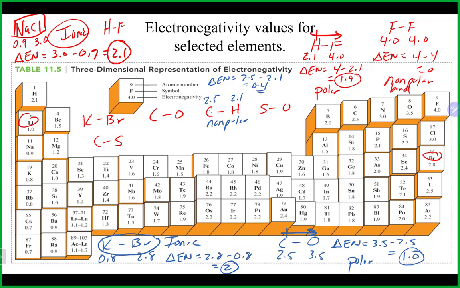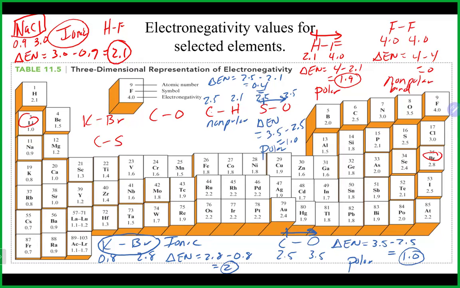If we look at sulfur and oxygen, sulfur there is 2.5. Oxygen is 3.5. So again, our difference in electronegativity is going to be 3.5 minus 2.5, which gives us a 1. That again is going to tell us that this is polar. And if we were to draw that arrow, again, it should head towards the more electronegative atom, which is the oxygen in this case.